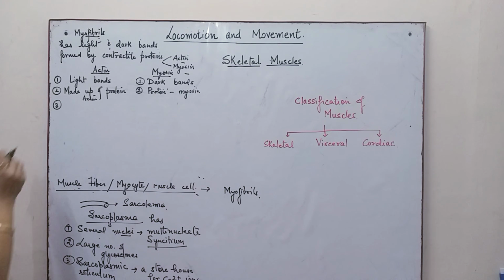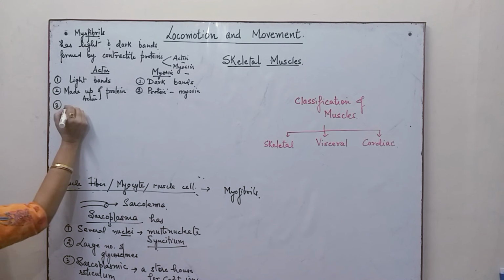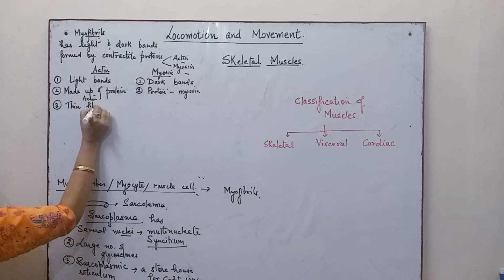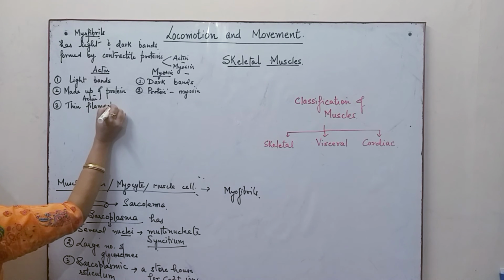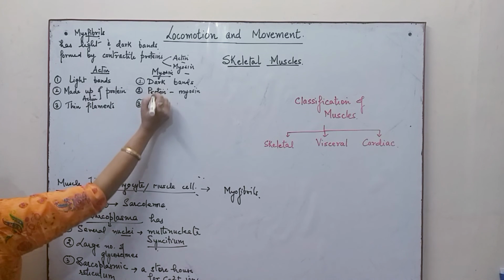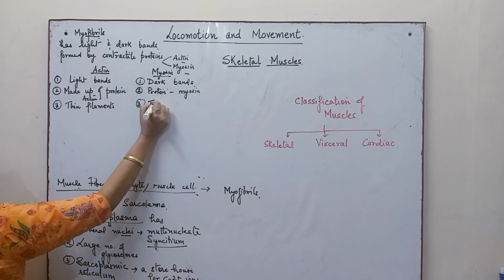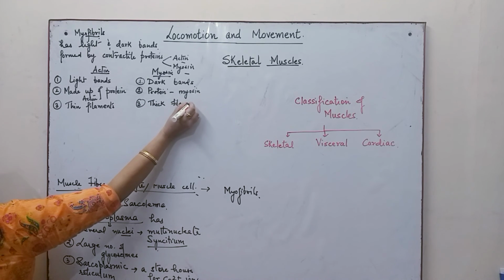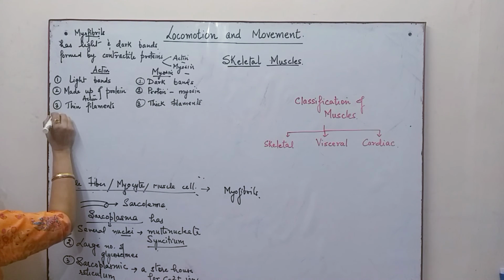Also, when we see the actin and myosin, these are thin filaments. Whereas when we talk of the myosin, these are thick filaments. This we are talking of the proteins.